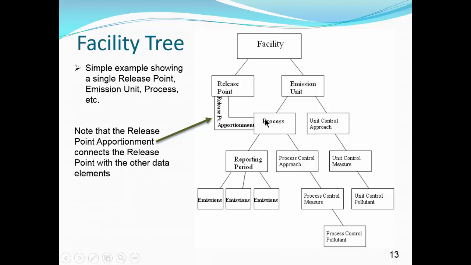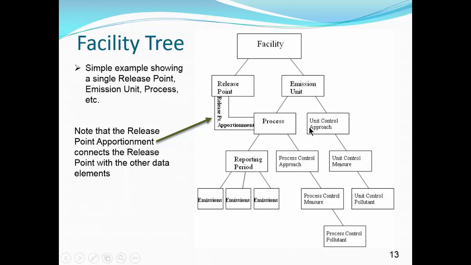You've got a unit control approach. Right here, you've got an emission unit that actually has a filter or something on it to reduce the emissions. Then on this side, you've got it directly from the process, the reporting period, and finally, estimated emissions.